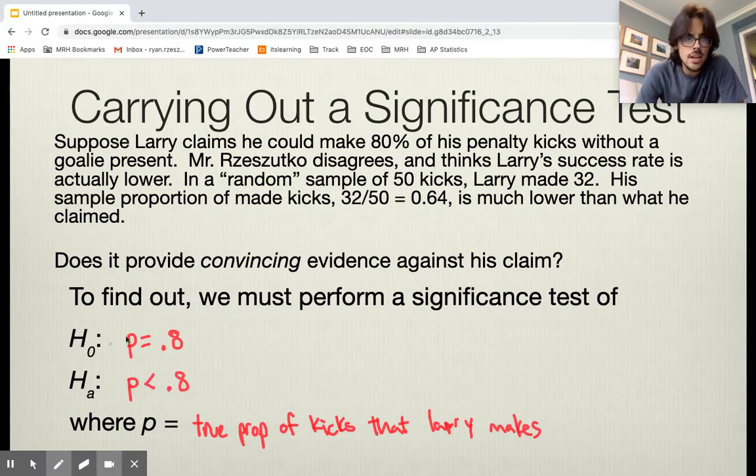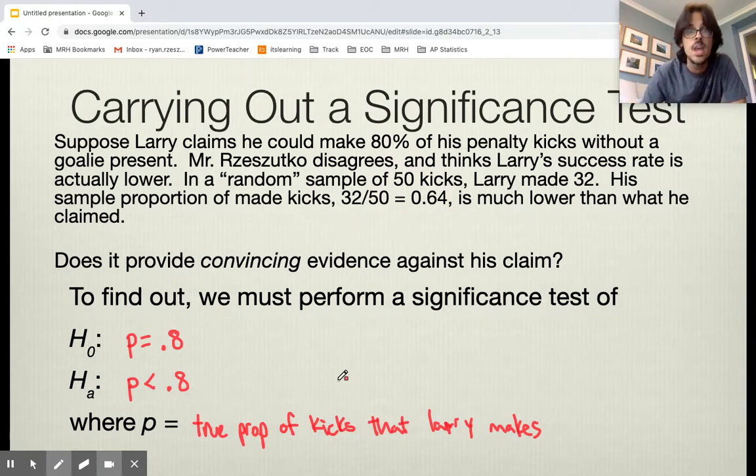So when you're setting up your hypotheses in general, with H0, you're kind of propping up an H0, hoping that the evidence will show you that H0 is wrong and you can kind of slap it down. So I'm running this test. I don't think Larry's right. So I put, okay, yeah, fine, you're an 80% shooter. And then I'm trying to show that he's wrong and he's actually worse than that. So it's less than 0.8 for the alternative hypothesis.